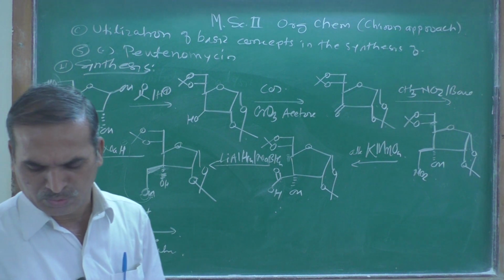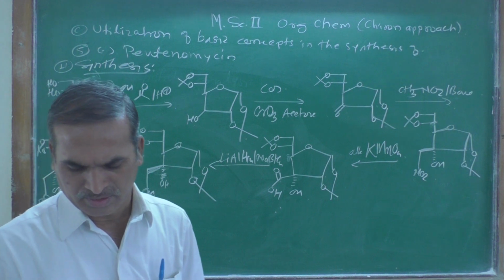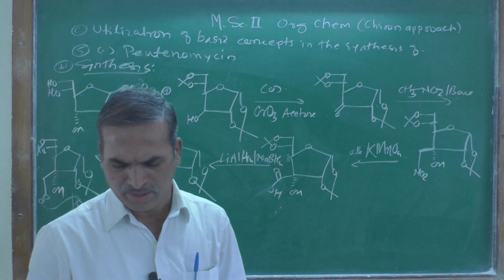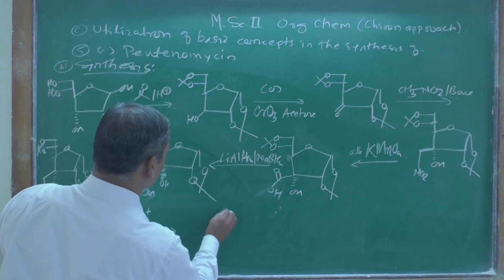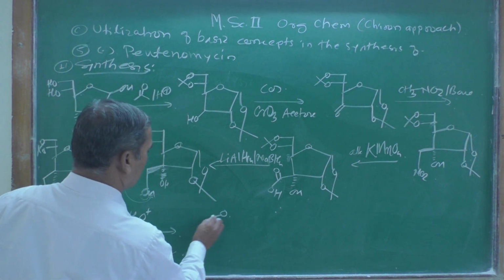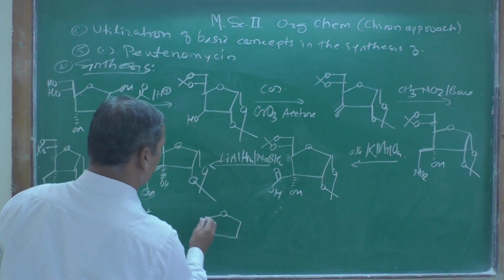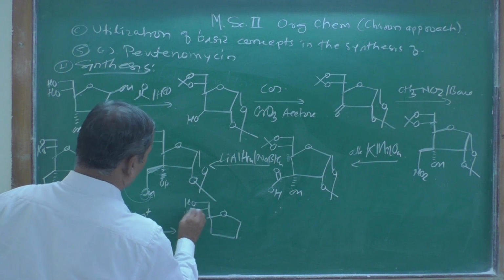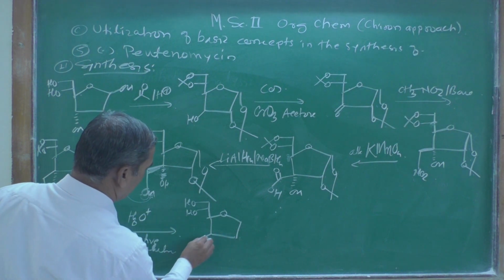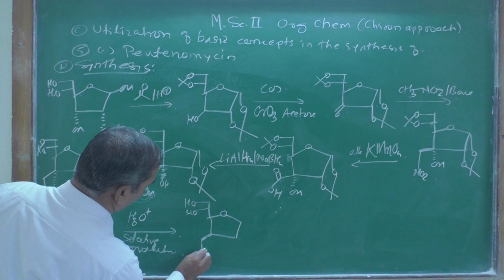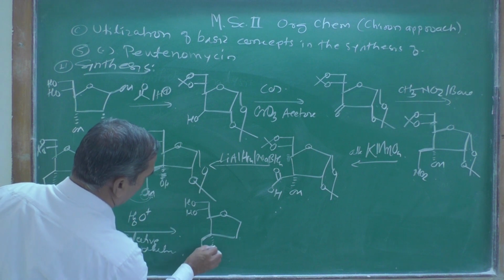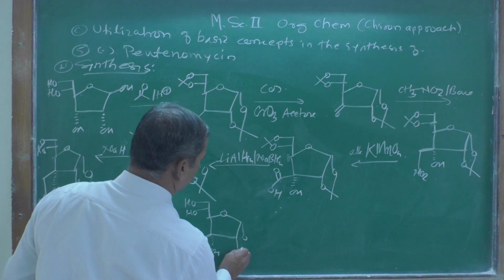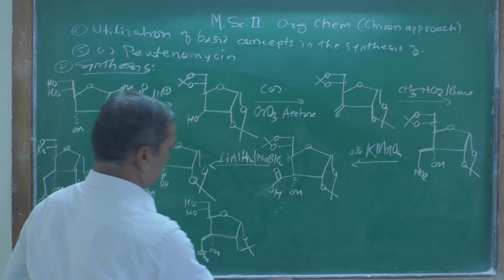You are going to get the product over here like this. This one selectively, this group gets opened, and you are going to get the product here, HO, other things remain as it is. Here OBn, and this hydroxy group as it is, and this protected group also remains as it is, right?